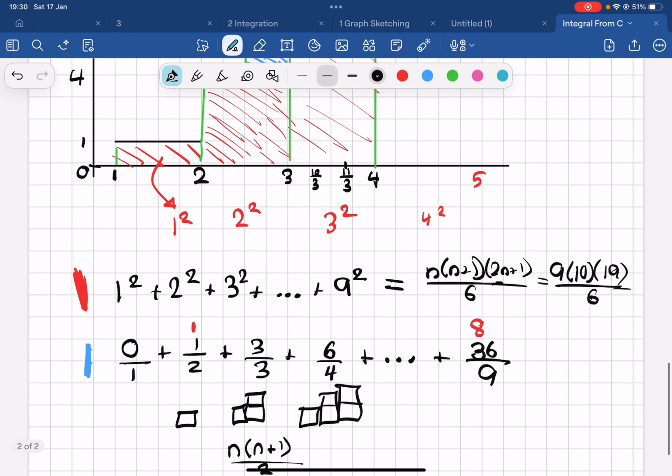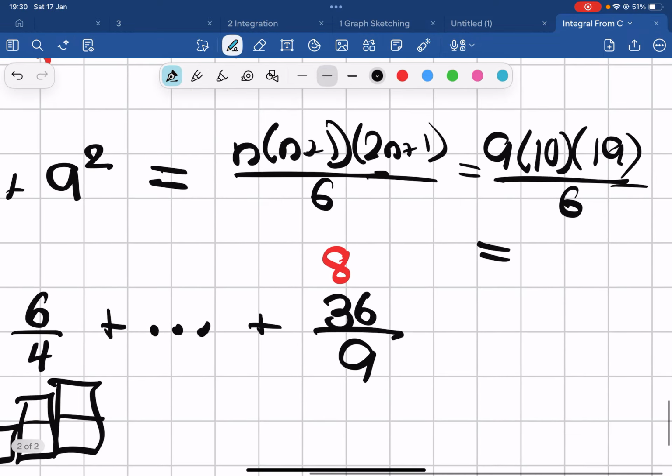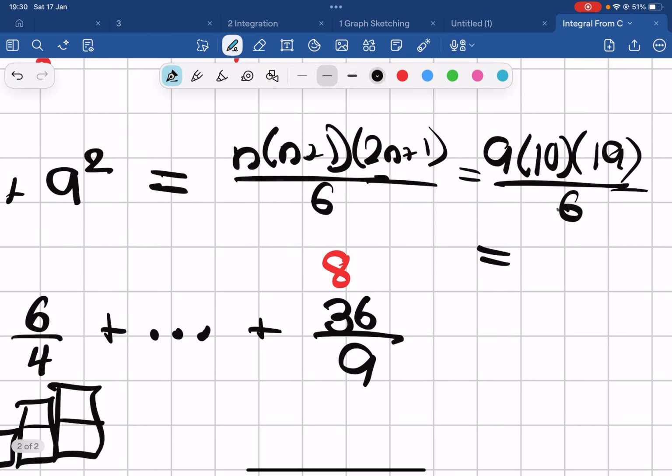So if we evaluate this, how do we evaluate it? 6 becomes 2 times 3.